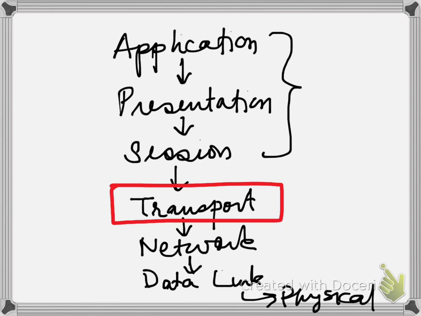Now, when you send an email, how is that email sent via the network? So we will see what services are provided by the transport layer to assist the applications in the application layer. So, first, services provided.